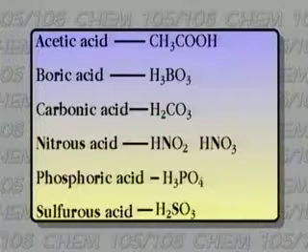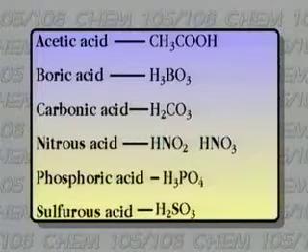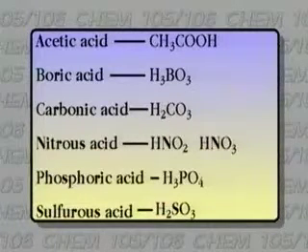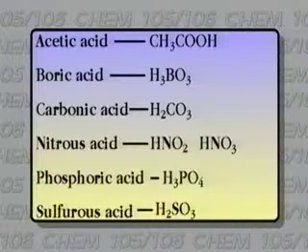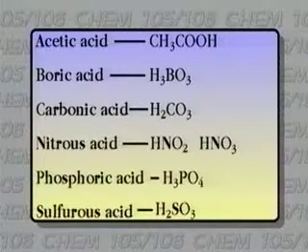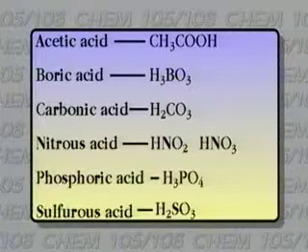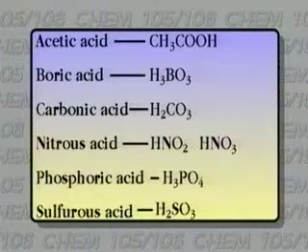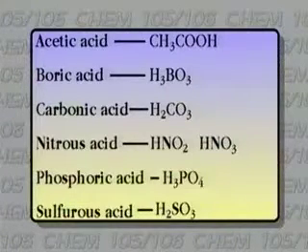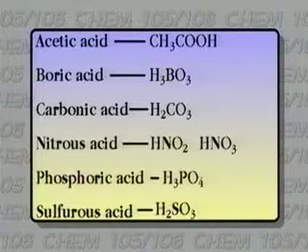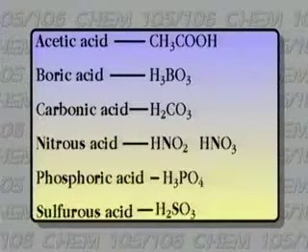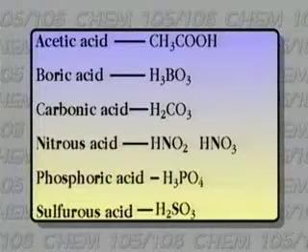This is one of the major constituents in acid rain, because one of the major air pollutants we have is the oxides of nitrogen. The oxides of nitrogen react with moisture in the air to produce nitrous acid, which is then one of the major components of acid rain.